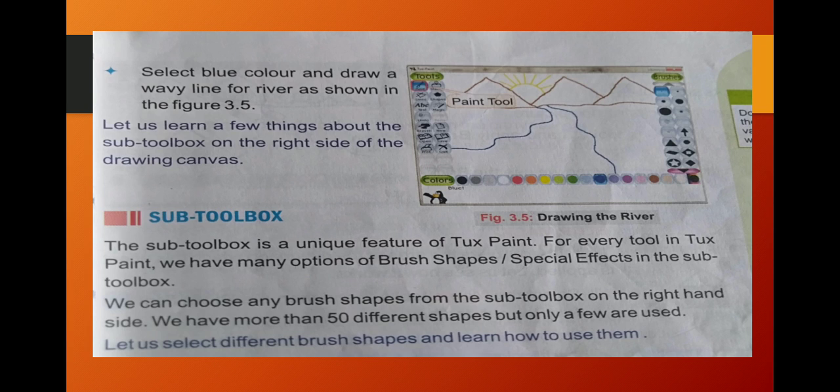On the right hand side, we have more than 50 different shapes, but only a few are used. So we have 50 different types of shapes in the sub-toolbox, and we will learn each and every shape in the next video.